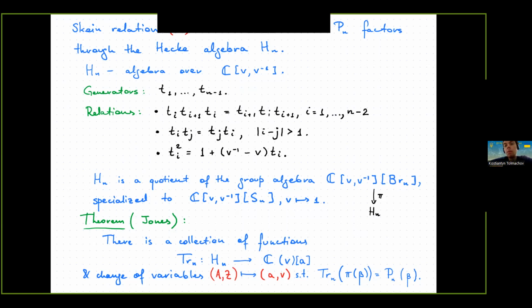Such that to recover the Homfly polynomial of a braid and of a link, you need to compute this Jones trace, or sometimes called the Jones-Ocneanu trace, on the projection of your braid to the Hecke algebra.